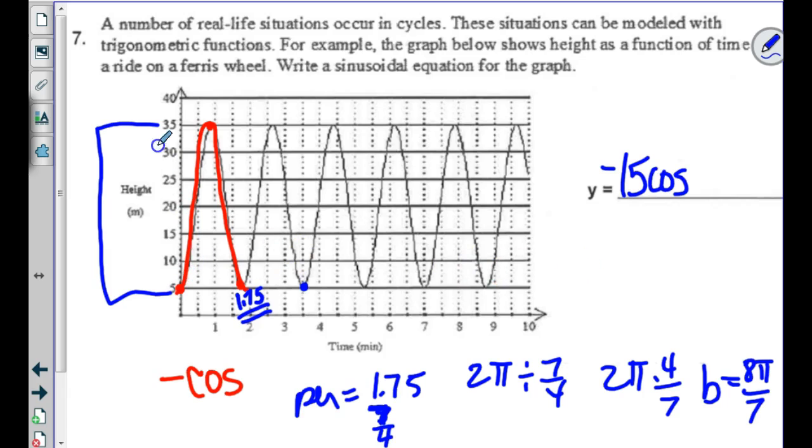Okay, if we add 5 and 35, we get 40, so the midline is at 20. All right, B was 8 pi over 7. Did we need a phase shift? We didn't need a phase shift. That's a plus 20 on the back. It's really messy. I'm sorry. We didn't need a phase shift because we decided to call it a negative cosine.